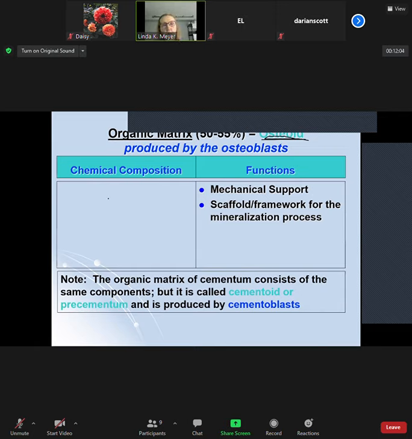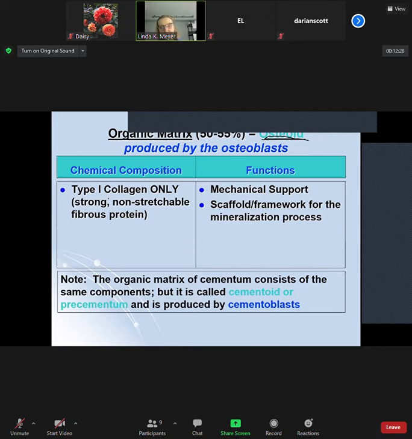Okay, what is osteoid or the organic matrix made up of? It's the same things that you already know about in connective tissue proper. Type 1 collagen, remember that's the strongest non-stretchable fibrous protein. And you know, bone is very important in providing mechanical support.